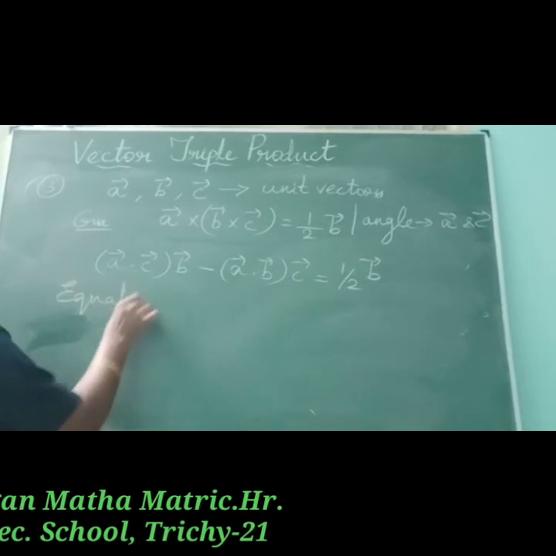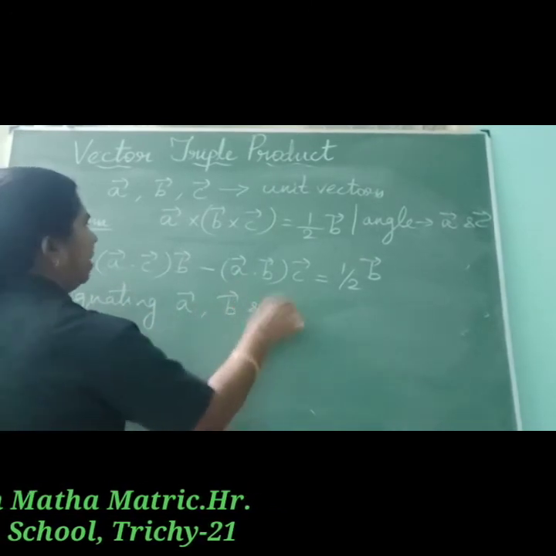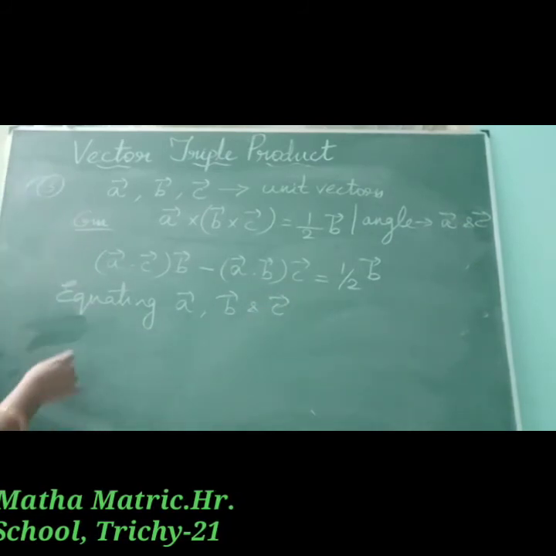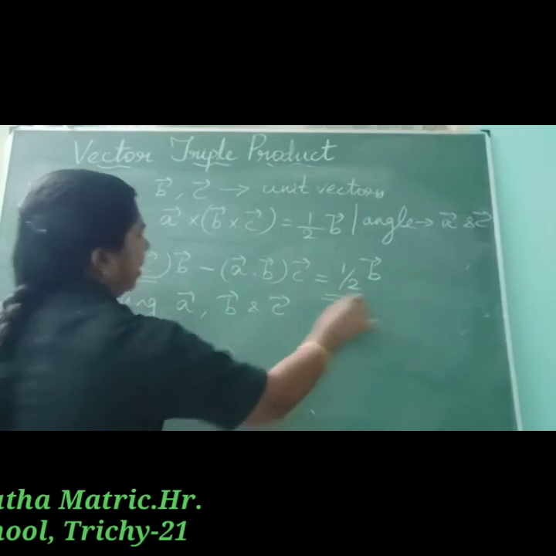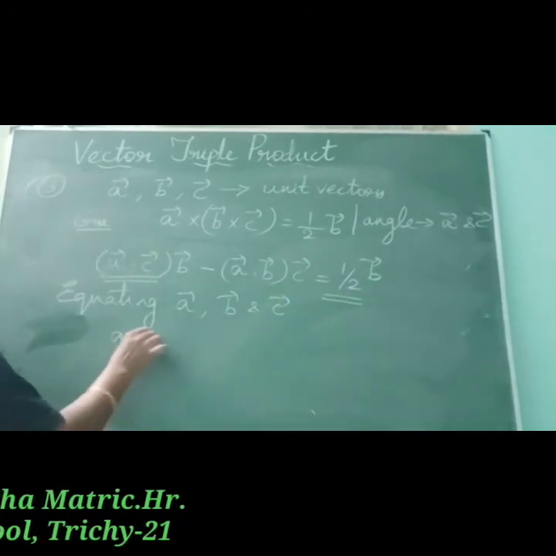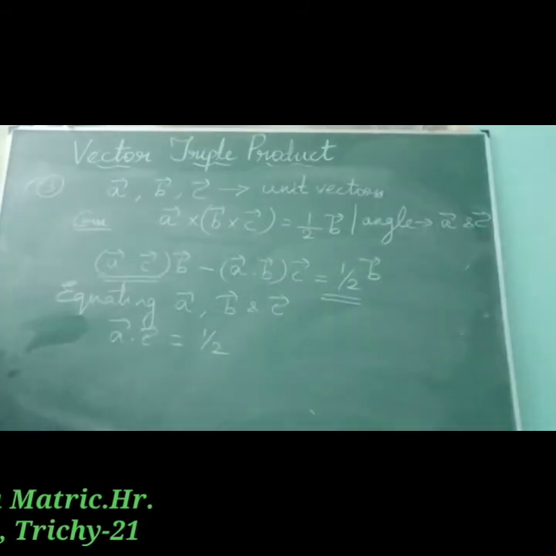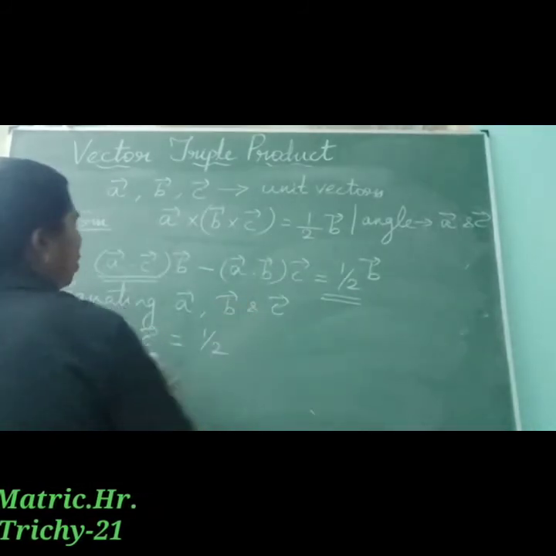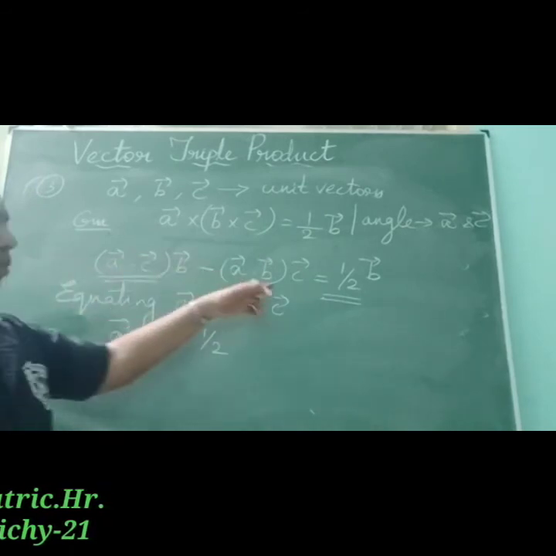There is no A vector. The coefficient of B: A dot C is equal to 1 by 2. We want to find the angle between A and C.